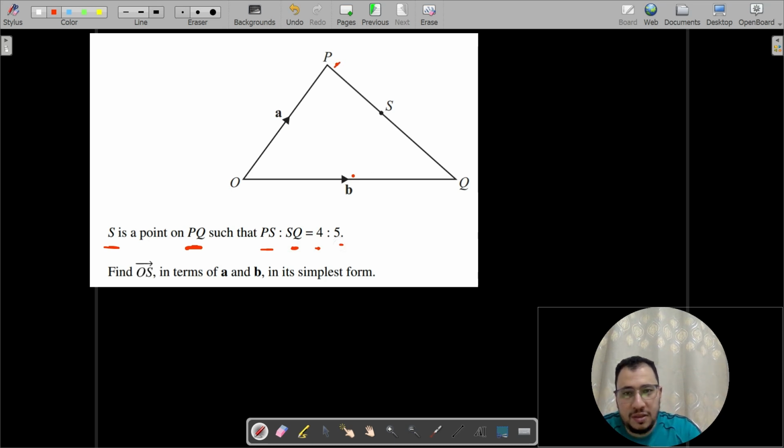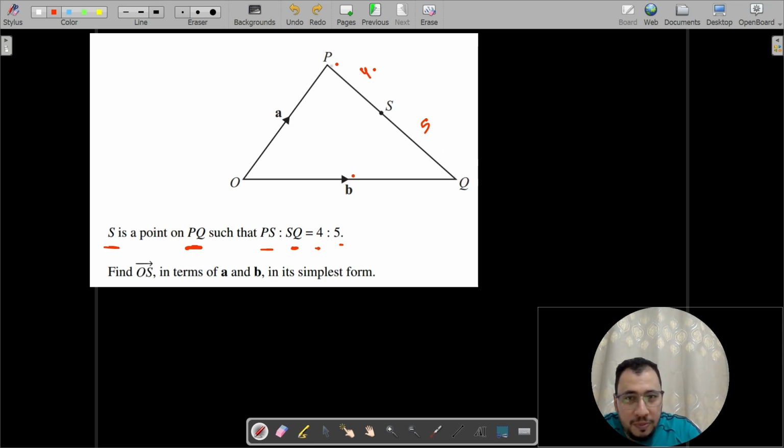So PS to SQ is 4 to 5. Most of you will write here 4 and here 5, okay, because they are just writing the ratio in the diagram, but I don't recommend that. I recommend that you say, how many parts in the whole PQ here? Here I have 4 parts and here I have 5 parts. So the whole PQ is 9 parts. Which means what?